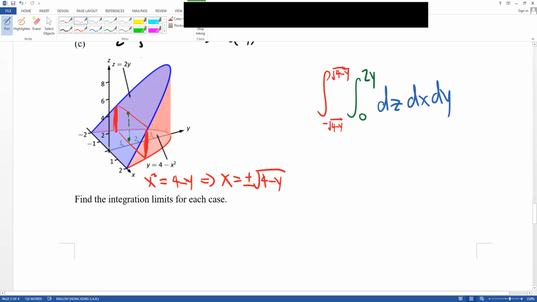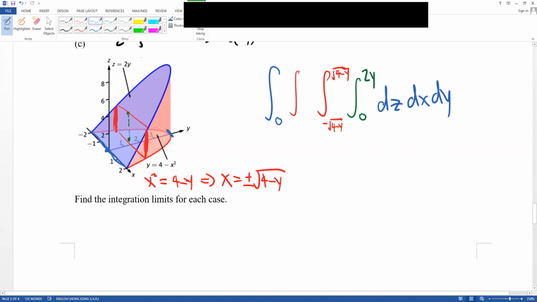So finally, right, I integrate over the y direction. So starting at this edge, right, this edge, y position, of course, is 0, ending at this edge. So what is this? Then need to look at, right, this edge for this parabola.